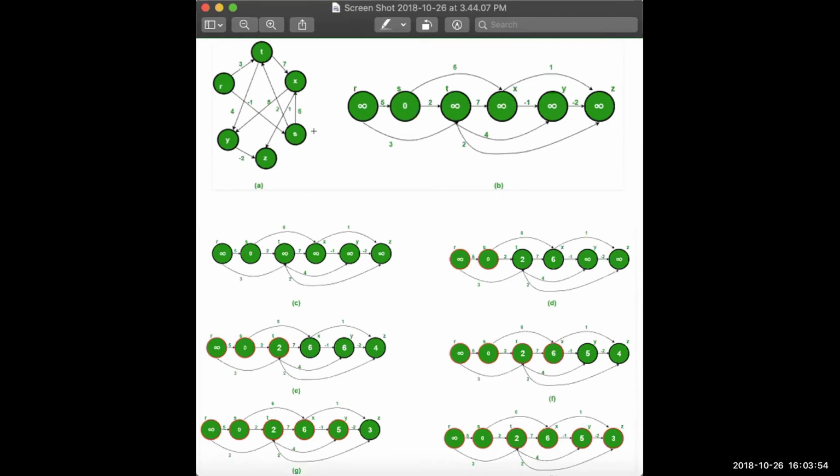Now let's say we have a cycle in the part of the graph that is reachable from S. So let's say that T goes to X with 7, and then X comes back to T with 5. At this point, we finished T as 2, and then we went on to X as 6. When we are doing X, we're updating all outgoing edges.